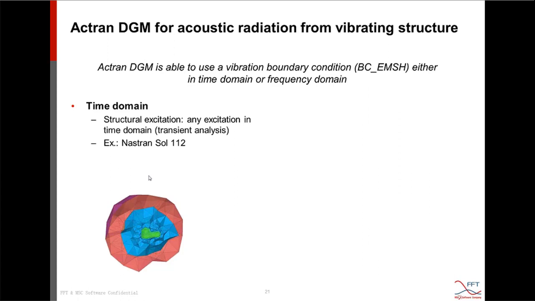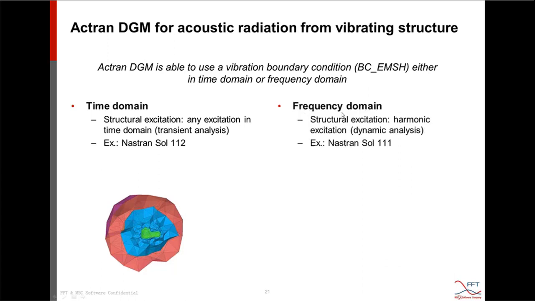So in the first step, if we go to time domain, then the Actran solver 112 will solve the gearbox vibration and produce transient excitation on that surface. Or if we want to perform frequency domain analysis, then the Actran solver 111 can be used to get harmonic frequency domain excitations for the dynamic analysis.